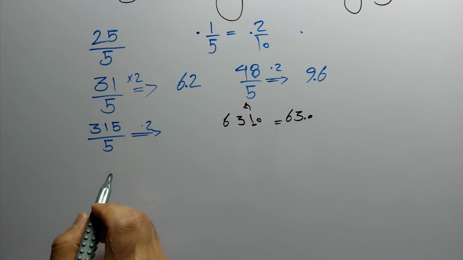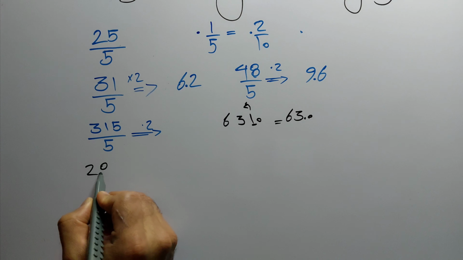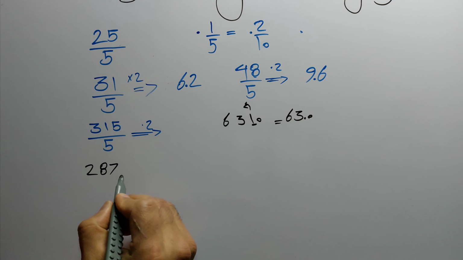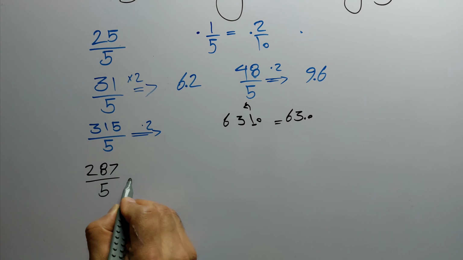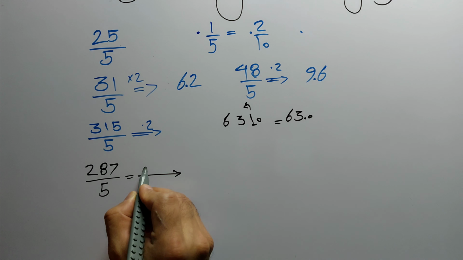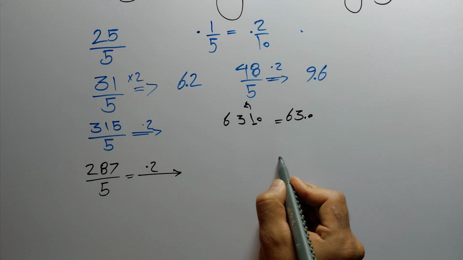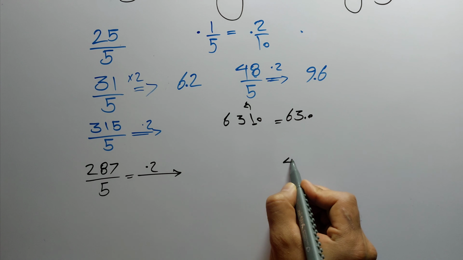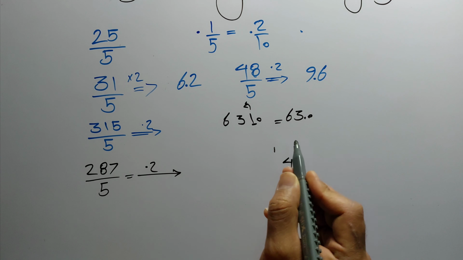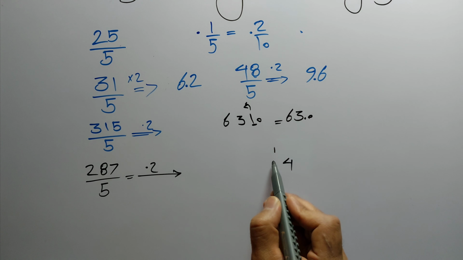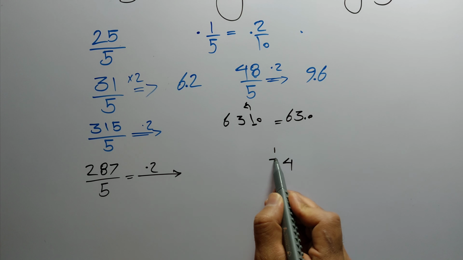So let's go for another one, 287. So something that is not divisible by 5. So let's say we want to divide it by 5, then we need to multiply each digit by 2. So 2 times 7, it's 14. So I'm going to write 4 here and then keep 1 here because we're going to add it to the next operation. 2 times 8 is 16, plus 1 is 17.